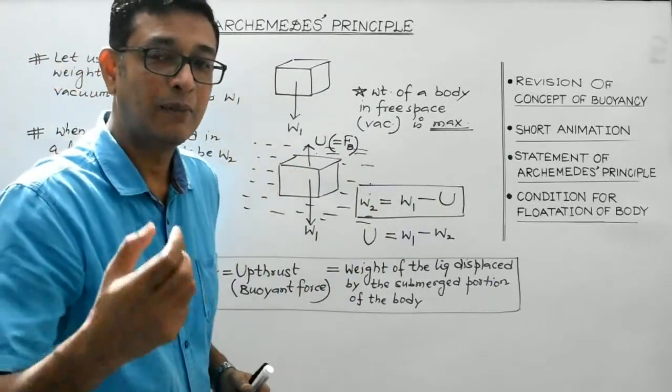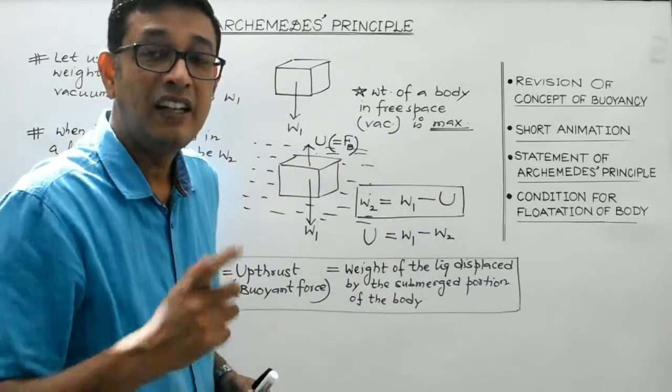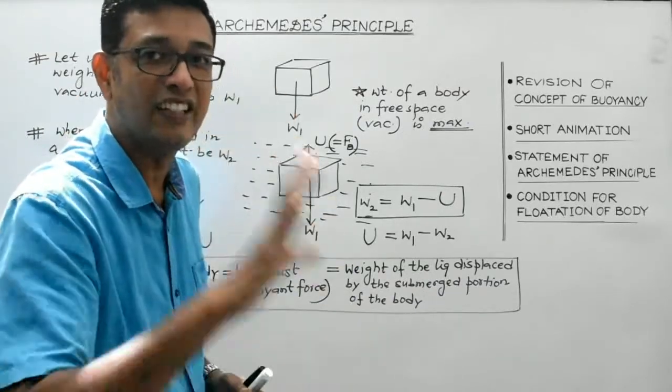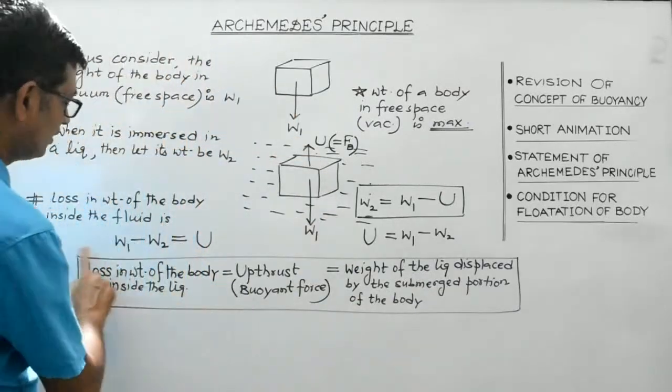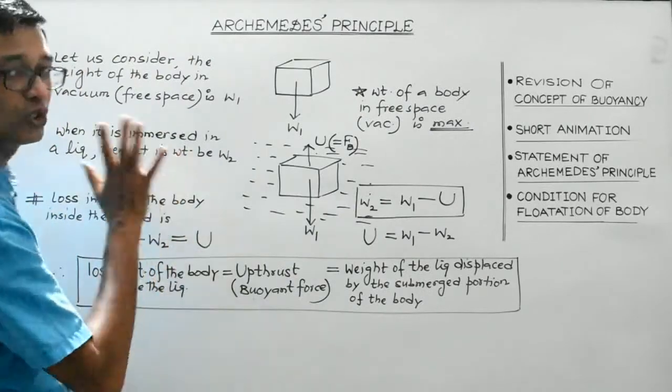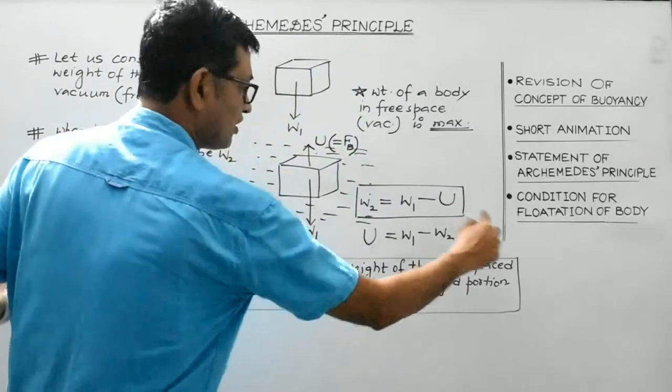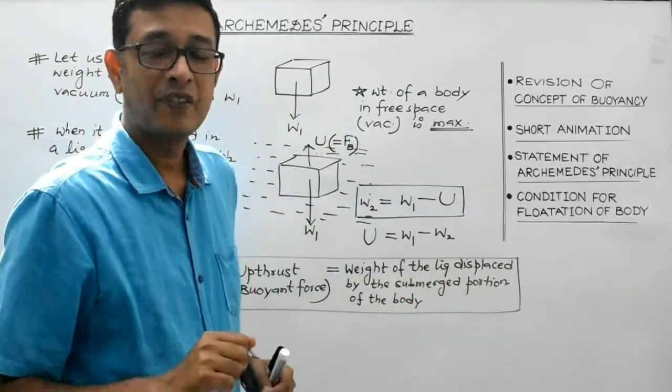And what does W1 minus W2 signify? It signifies the loss in weight of the body inside the liquid. So, this is the statement, W1 minus W2 equals U. So, students, Archimedes Principle, this is the statement. I'll repeat it.